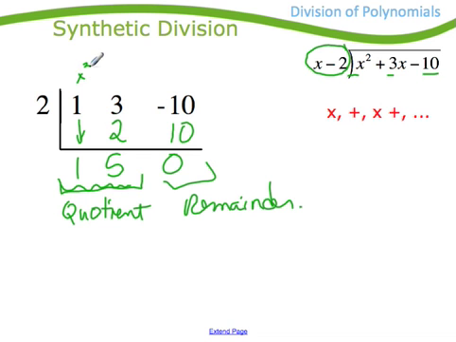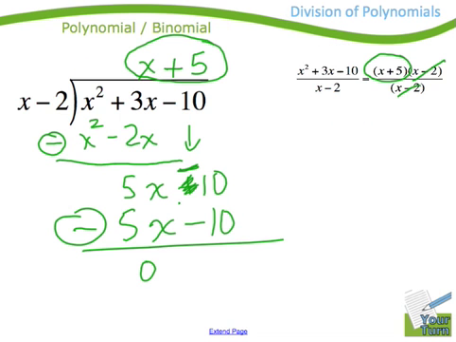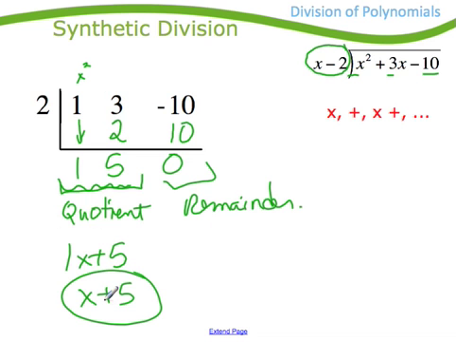So instead of being x squared, this one will be just simply x. So my quotient is actually 1x plus 5, or simply x plus 5. That's my quotient. And when I look at this same question that I did before, that is indeed what my quotient came out to. That's a little funny, isn't it?